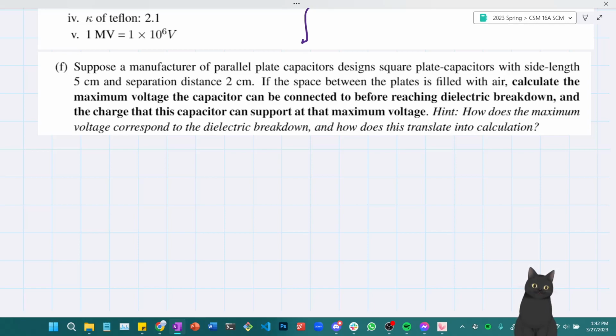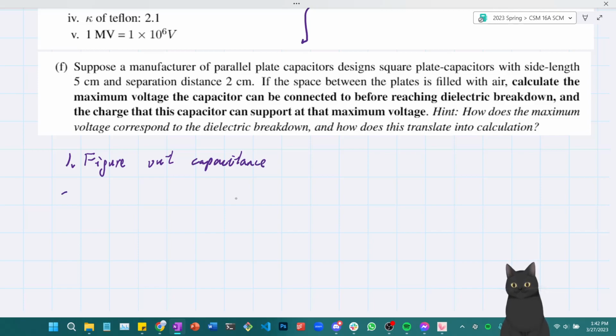So let's review the question demand first. We will need to first figure out the capacitance of the circuit. And once we have figured out the capacitance, what we can then do is figure out how much charge the capacitor can actually support.